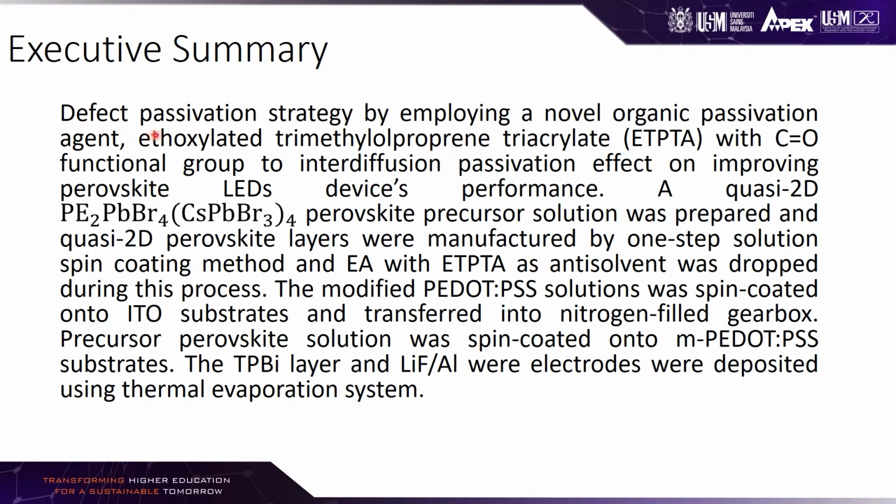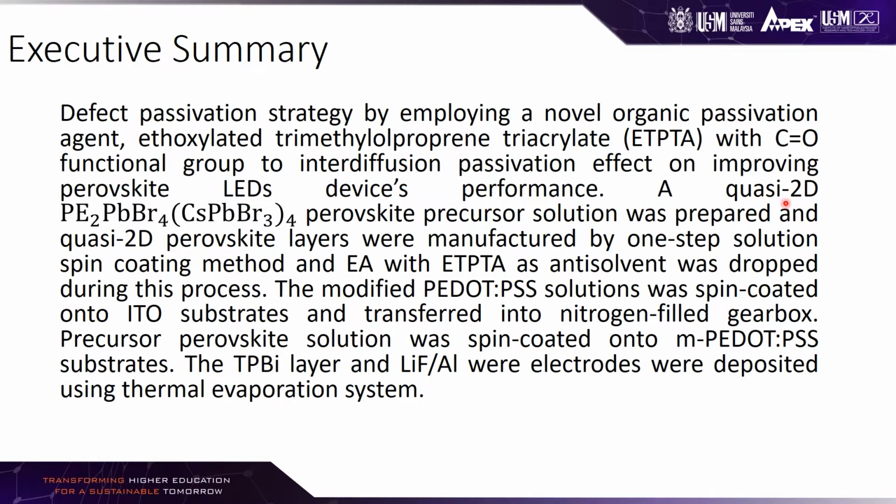The defect passivation strategy employs a novel organic passivation agent, ethoxylated trimethylolpropane triacrylate, which we can simplify as ETPTA, with C and O functional groups for an interdiffusion passivation effect on improving perovskite LED device performance.